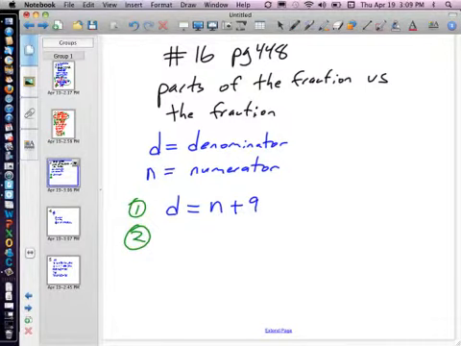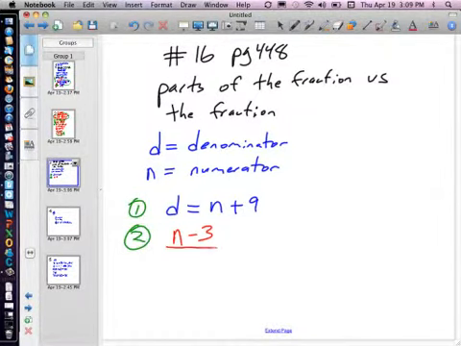Let's find out. It says if the numerator is decreased by 3, and the denominator is increased by 3. Okay, well, I don't know where they're going to want that yet. I'm going to read it forward a little bit. The value of the resulting fraction. Oh, the resulting fraction. So we are actually talking about a fraction now.